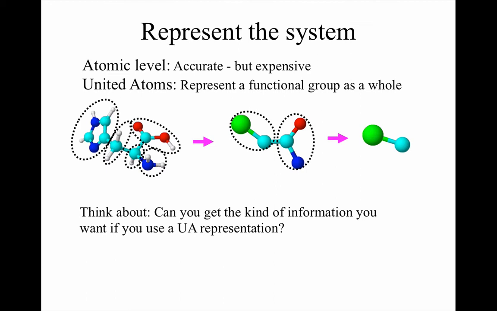Of course, it is desirable to do the simulation using the representation at the left, that is at the atomic level, because here we will be able to get much more information, because this is a much more detailed representation of the system. But it is also more expensive. We need to calculate more interactions because we have more atoms available.